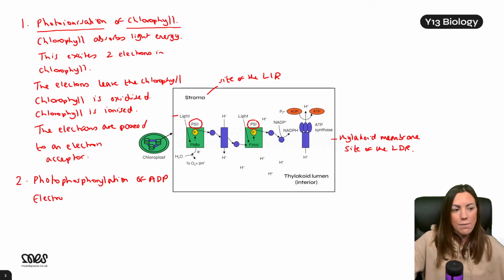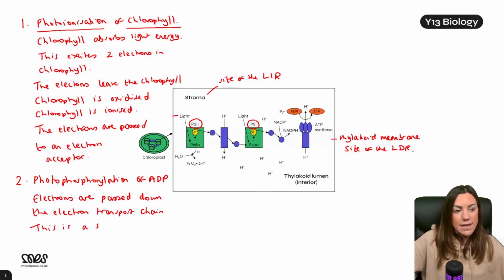Now remember, the electrons have been passed to the first electron acceptor. And what's going to happen from that point is the electrons are going to continue to pass down the electron transport chain. And this is a series of redox reactions.